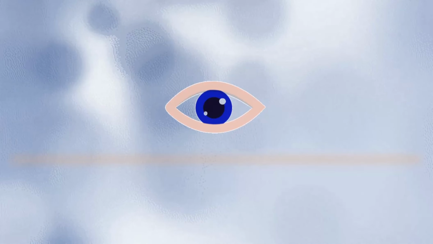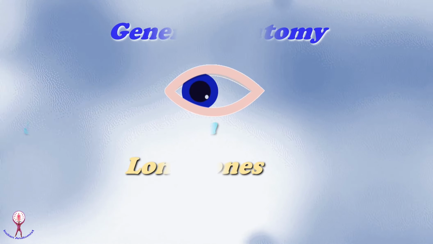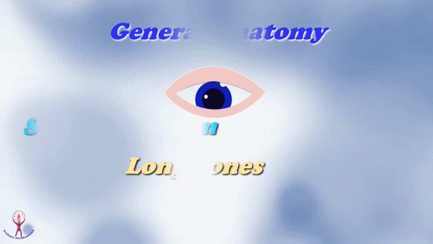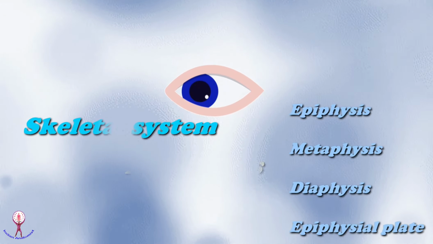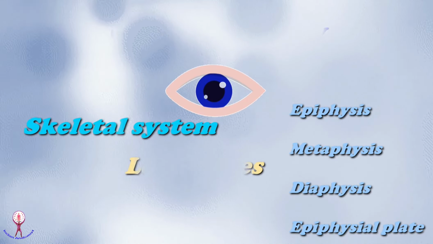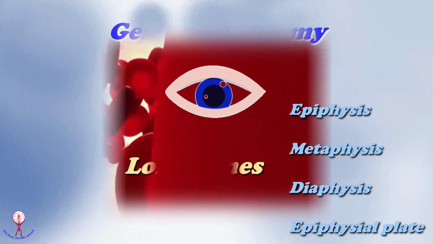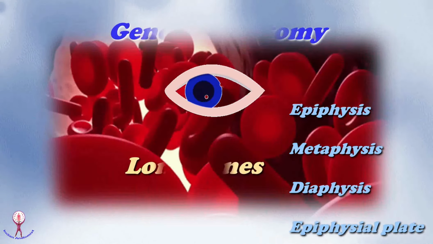Dear students, till now I have explained the classification of bones. One category includes long bone. I explained the epiphysis, metaphysis, diaphysis, and epiphyseal plate of long bones. The video will not conclude until the blood circulation of long bones is discussed.